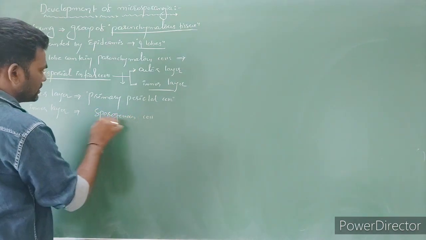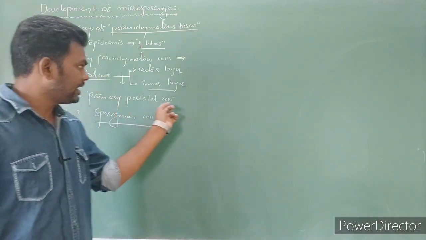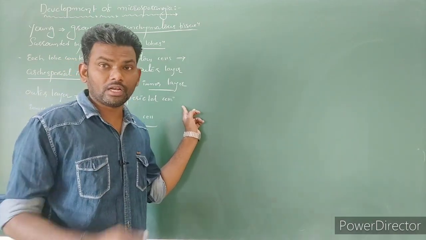Later these primary parietal cells again divide to form multiple layers, nearly 3 to 5 layers.